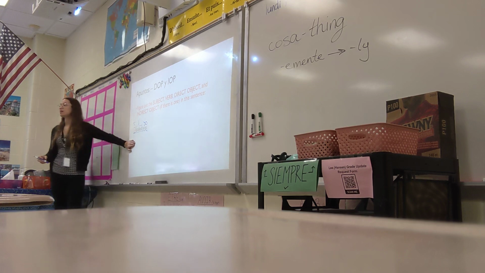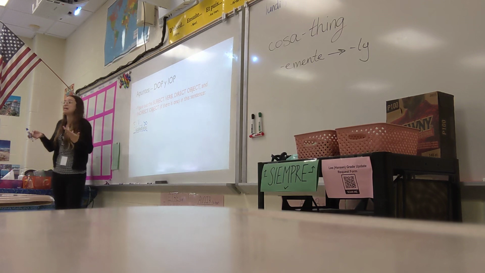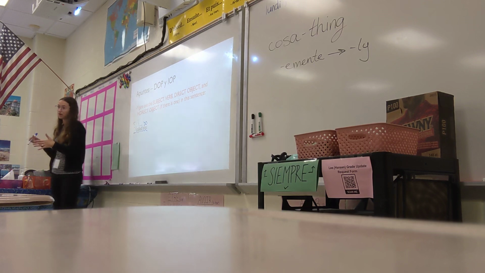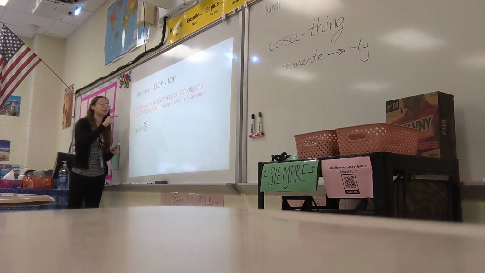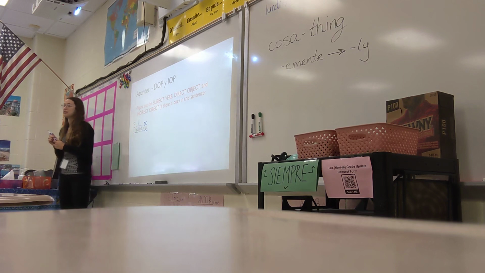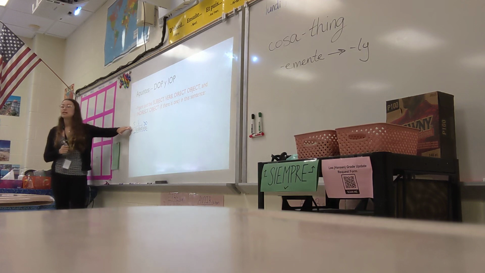I give you this example to show you a direct object does not have to be inanimate. It can be a person as well. A person can be the direct object of a sentence, the same way that the subject can be inanimate.